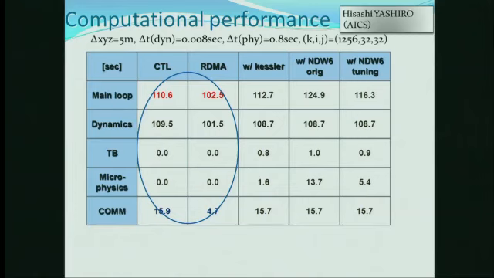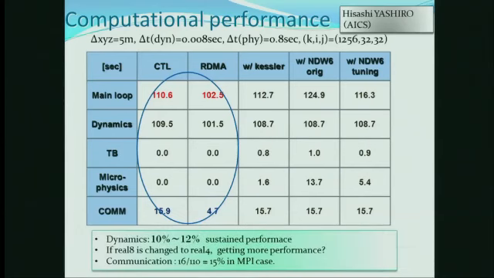We can see the communication part is about 50% in the MPI case, and in the RDMA case it is less than 5 minutes, so 3 times faster.